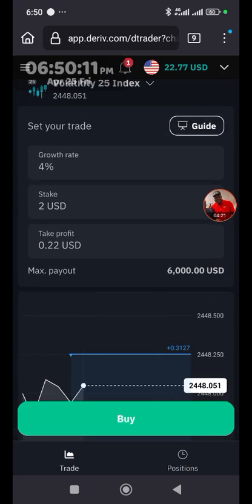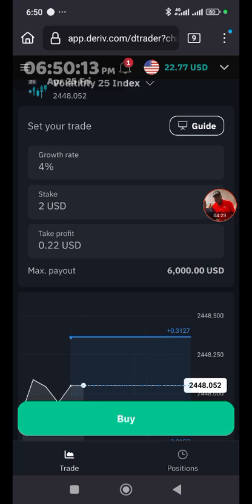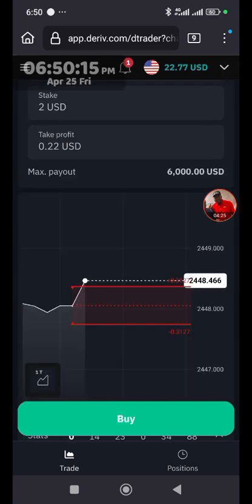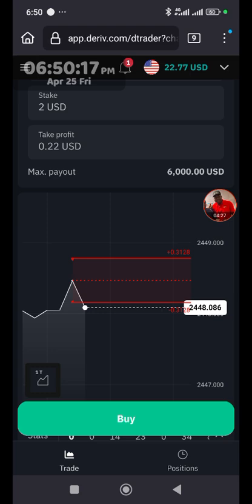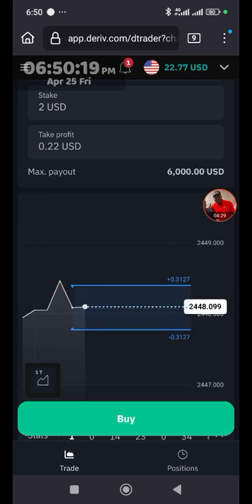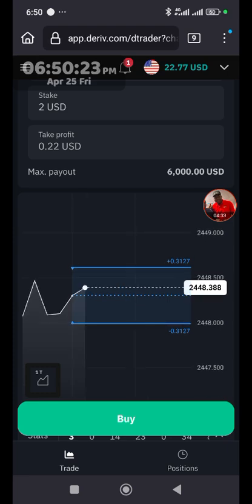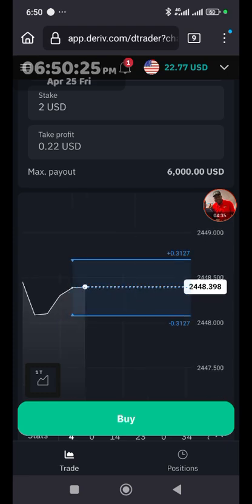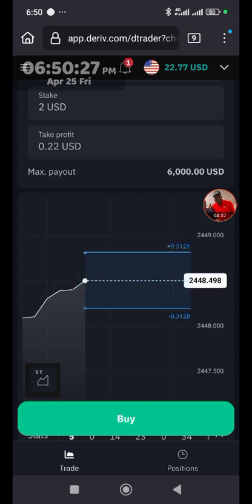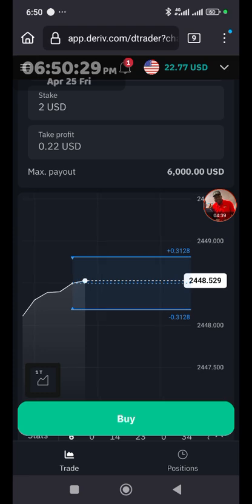Meanwhile, the setting I'm trading for is 4% per tick. So I'm only saying if it moves 3 times, you see as it shows red now. What it means is that one tick movement is more than 0.31.